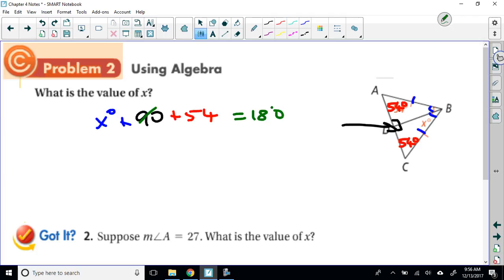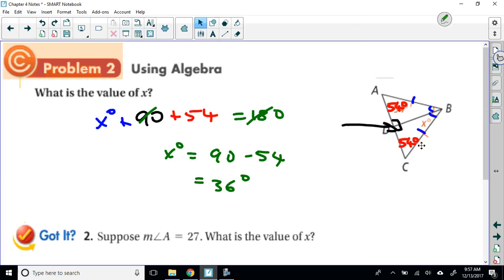So if we get rid of that, x would be whatever 90 minus 54 is. So that's going to be 36 degrees. So x is 36. Cool beans, that one wasn't bad.